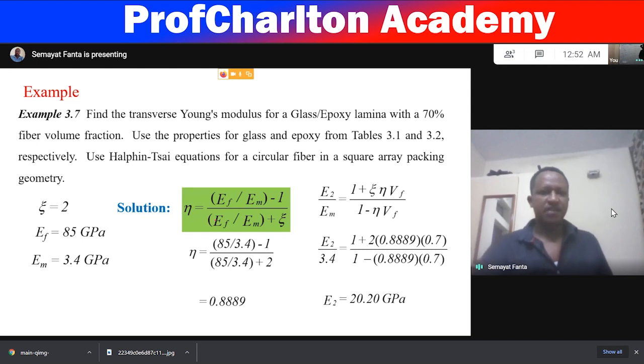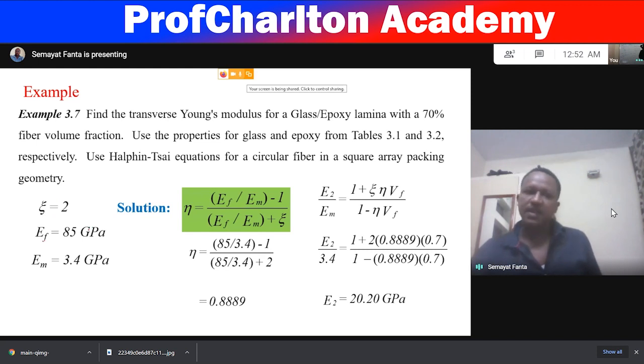We can calculate it if this is given, the fiber Young's modulus and matrix Young's modulus for glass epoxy, and this formula is already given from the Halpin-Tsai formula. So we can get the eta value.